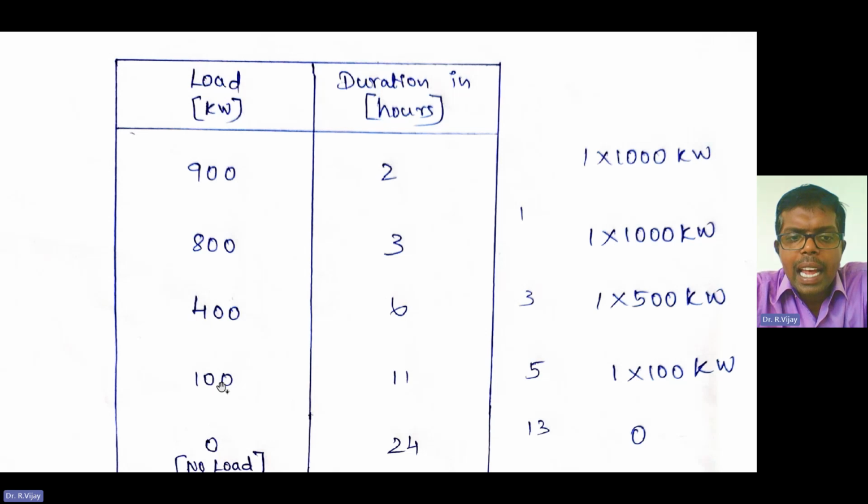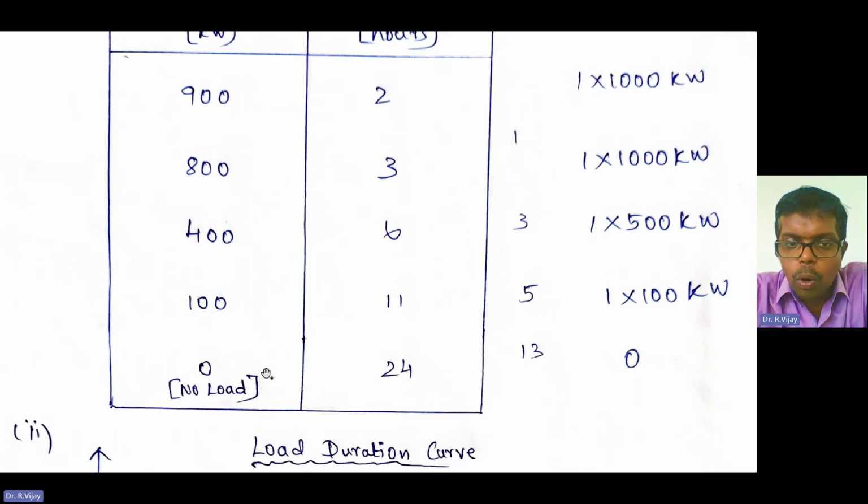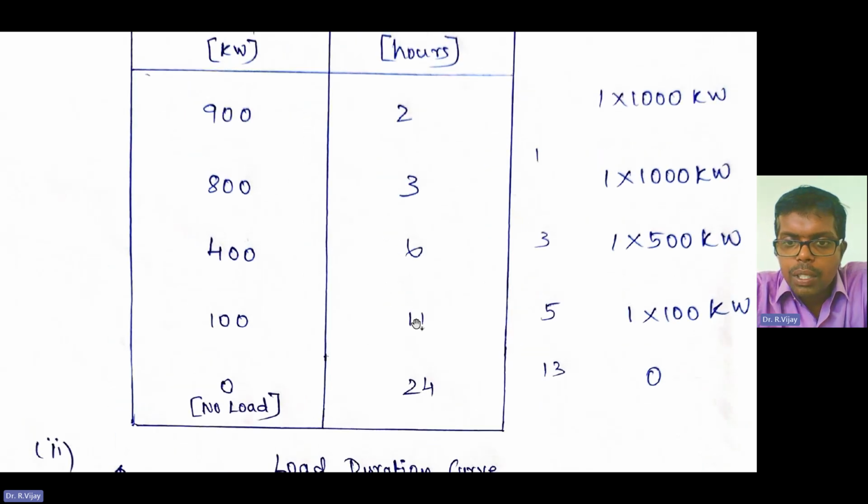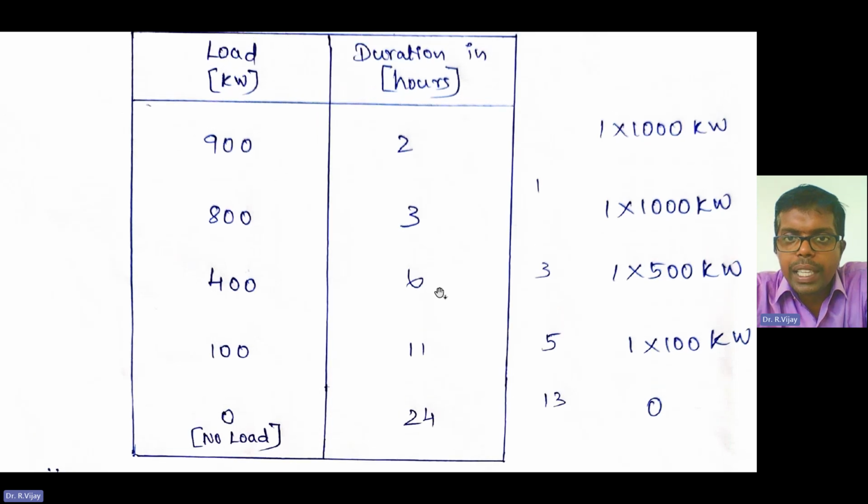Next, 100 kilowatt for 5 hours, so 6 plus 5 is 11 hours duration. Next, no load for 13 hours, so 11 plus 13 is 24. So in duration, at last you need to get 24.